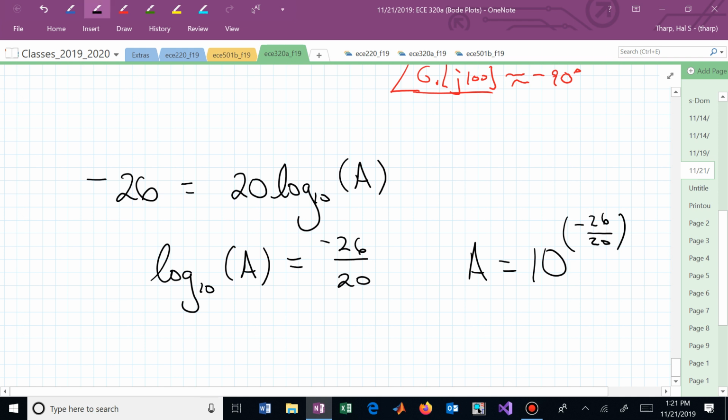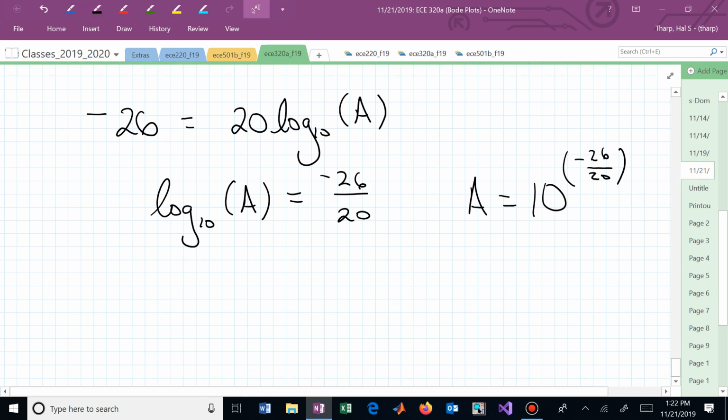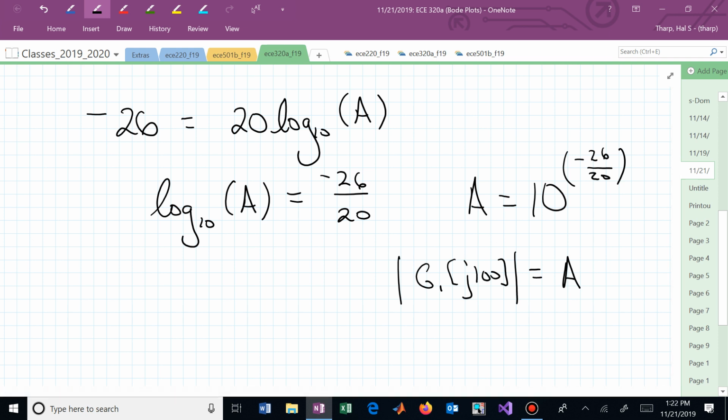And that would now be how we would scale. This would be the numerical value, not in dB. This would be G of j100 in absolute number.